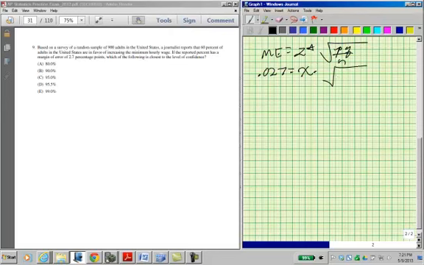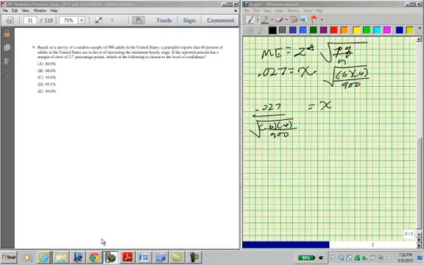We know P is 0.6 and Q is 0.4, and we know N, it's 900. So Z star is going to equal 0.027 divided by the square root of 0.6 times 0.4 over 900.